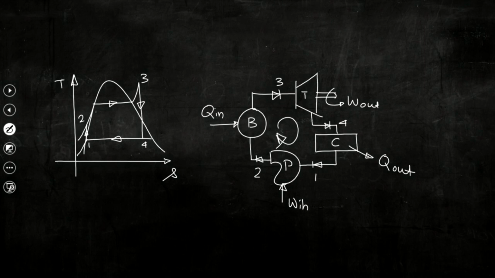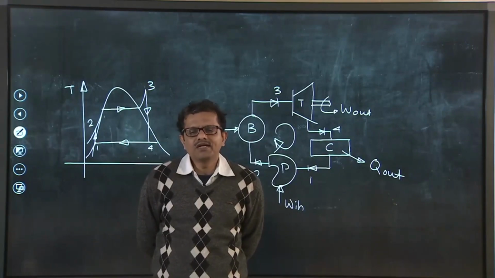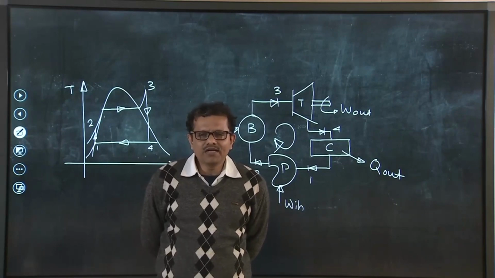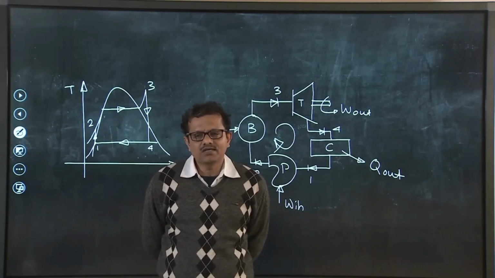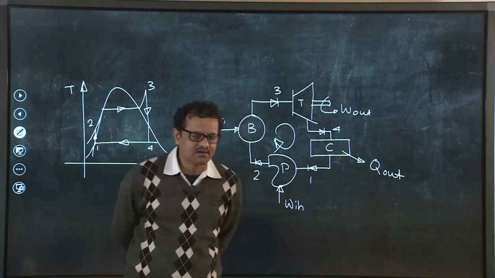You also can understand that if we now recall the second law of thermodynamics, the Kelvin-Planck statement says that it is not possible to construct a device that will operate in a cycle and produce net work while exchanging heat with a single temperature thermal reservoir.